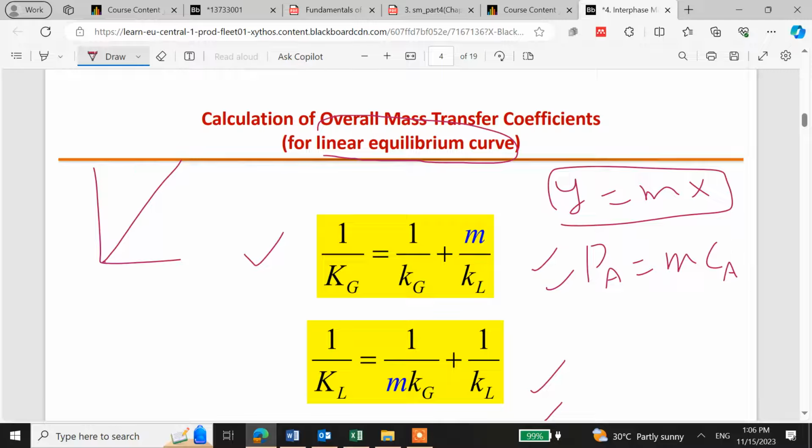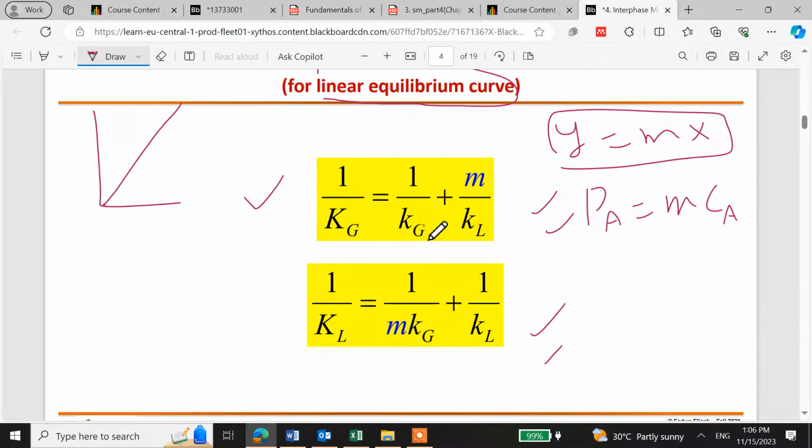In that case, if you know the mass transfer coefficient in gas, the mass transfer coefficient in liquid, and m, the Henry constant, which relates the concentration in the gas phase to that in the liquid phase at equilibrium, y star or pA star.